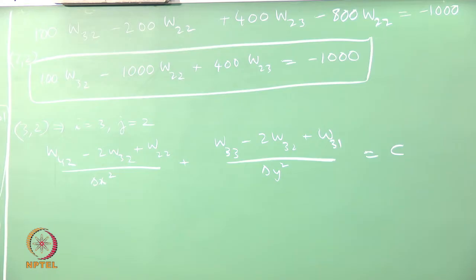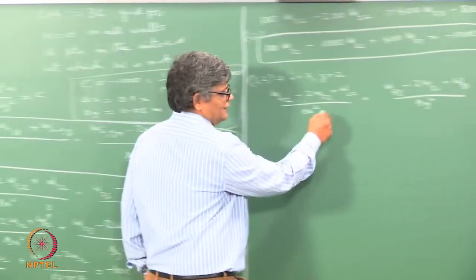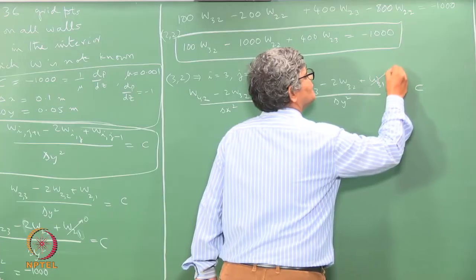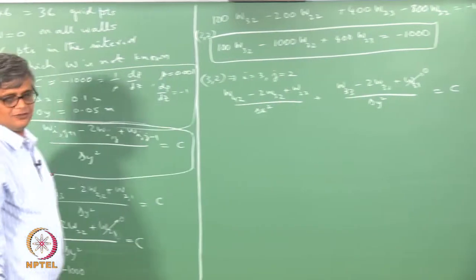Okay, and here again we try to substitute known values of delta x and delta y, C, and this point which is on the boundary, and that becomes 0.